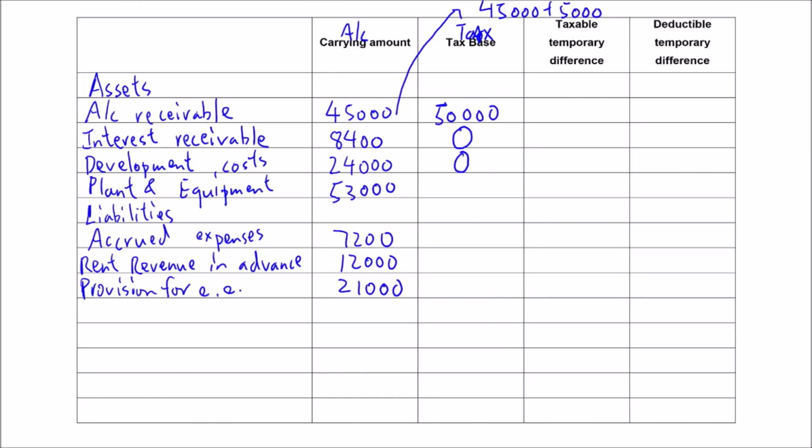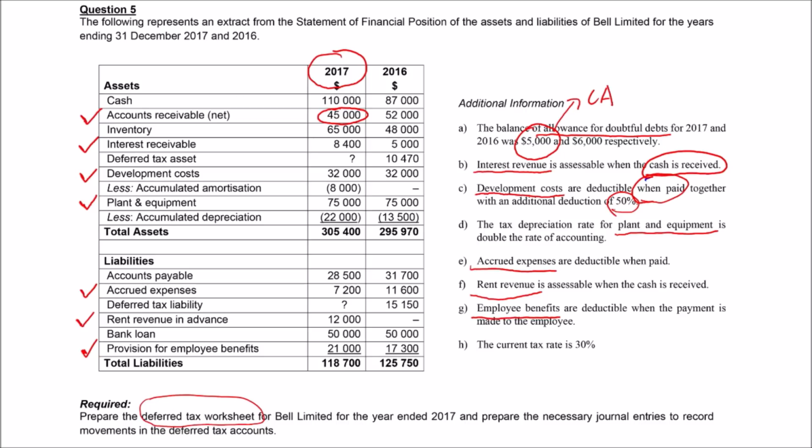Finally, under assets, let's take a look at plant and equipment. With plant and equipment, the difference between accounting and tax is that they have a different depreciation rate. It says that the tax depreciation rate for plant and equipment is double the rate of accounting. So what does that mean? How much are we deducting already?